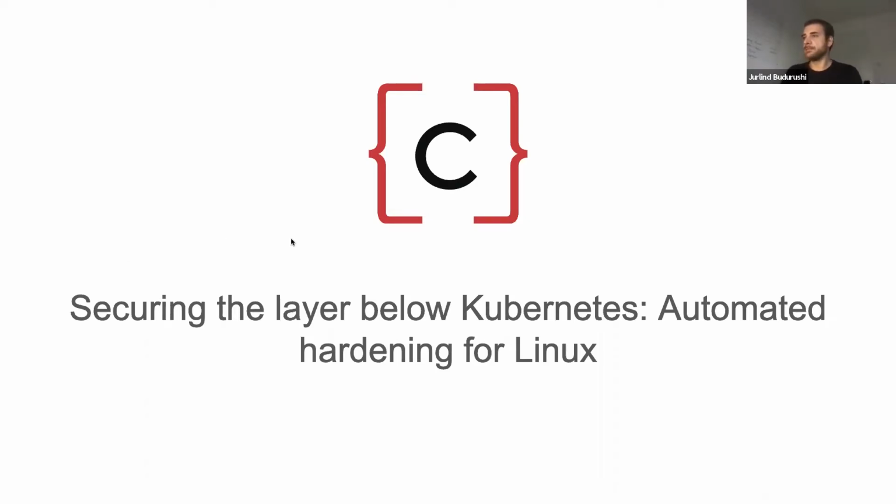Today's topic is securing the layer below Kubernetes Part II, which is additional information to the presentation we had last time. So it's automated hardening for Linux.